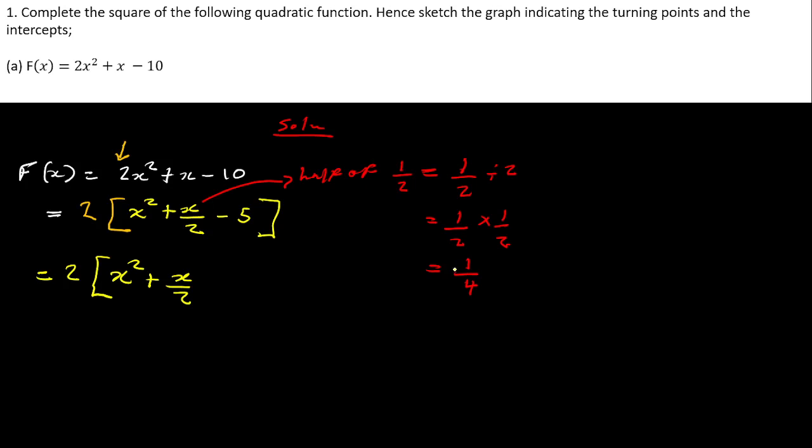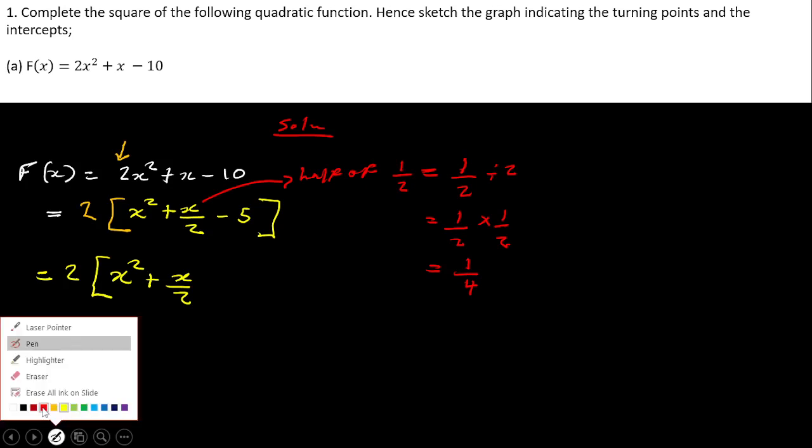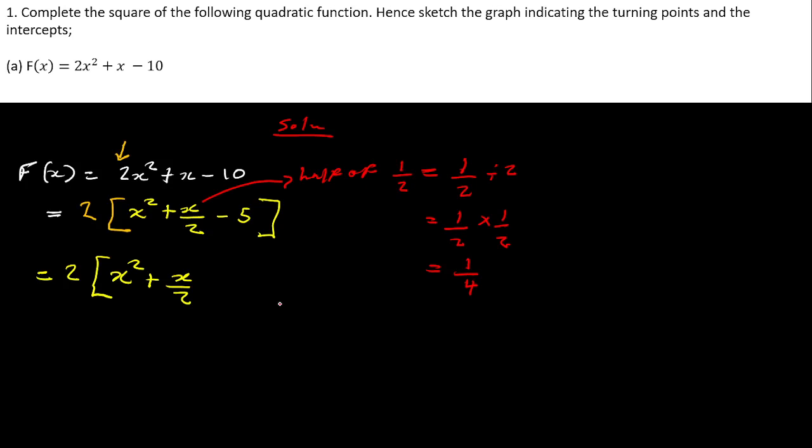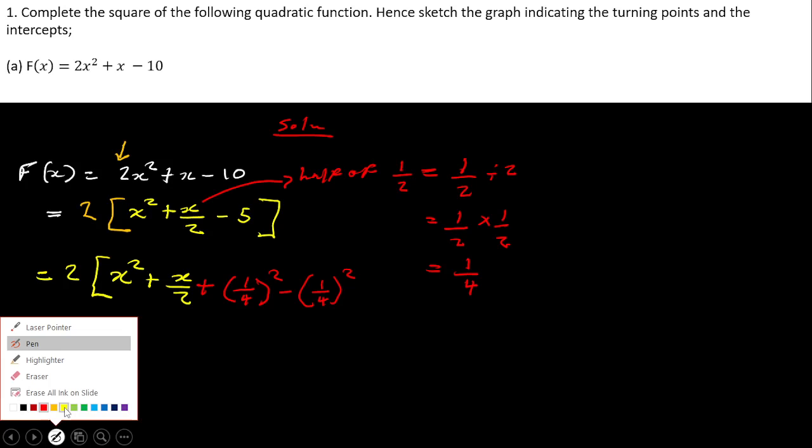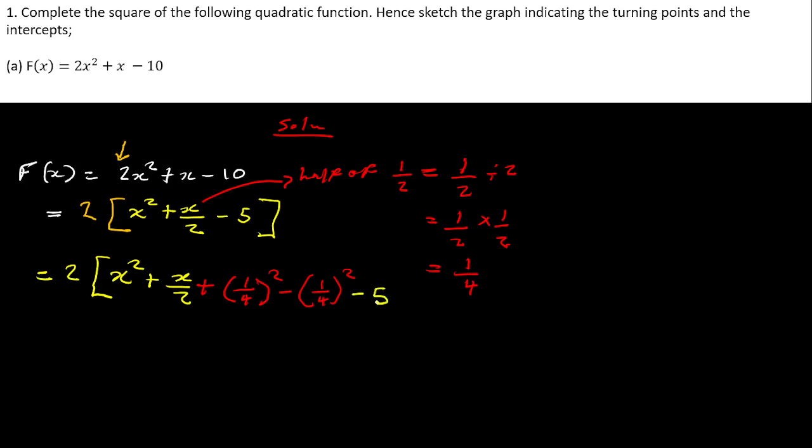Do not subtract first, but add, then subtract. So you're going to say plus 1 over 4 squared minus 1 over 4 squared. Then that negative 5 will be maintained the way it is, so negative 5 will simply remain as negative 5.